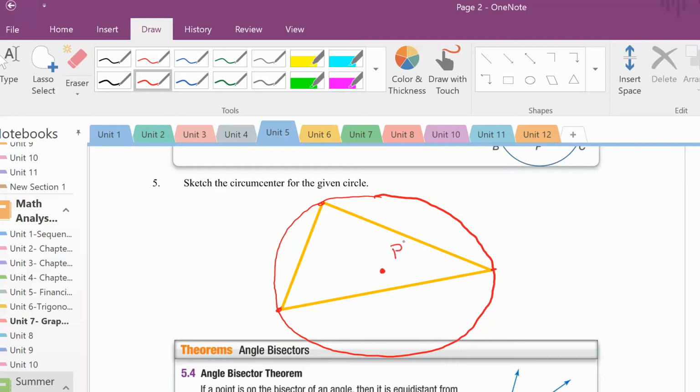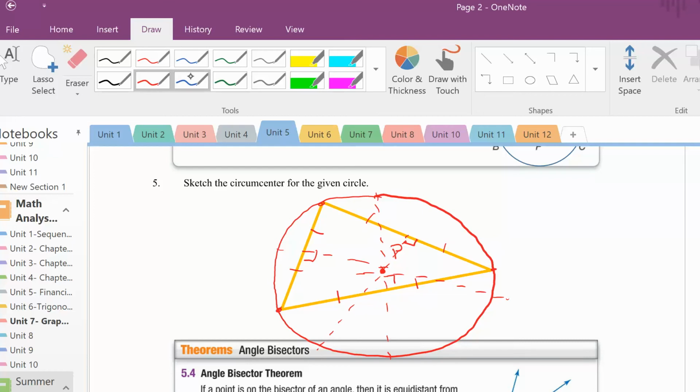So we'll call that P, which means then you have perpendicular bisectors that go through it. So notice here would be a perpendicular bisector. There would be a perpendicular bisector. And then we would also have one that went, sorry, it has to go through the center. So we'd also have one that went through like this. So it'd be perpendicular here and bisect there.